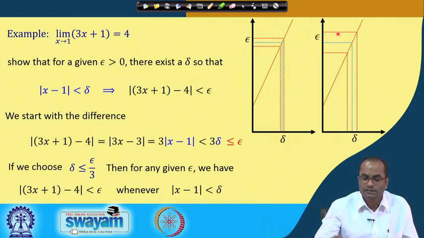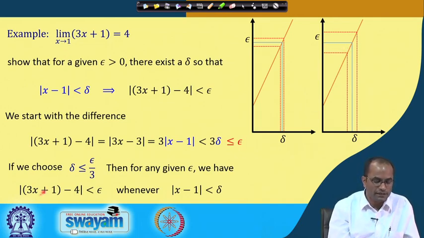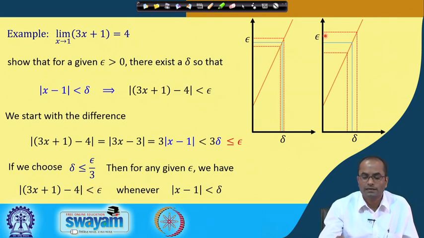For instance, here we have chosen a big neighborhood around 4, and correspondingly delta is also big. All these x in the delta neighborhood satisfy the relation that the difference of the function minus 4 is less than epsilon.